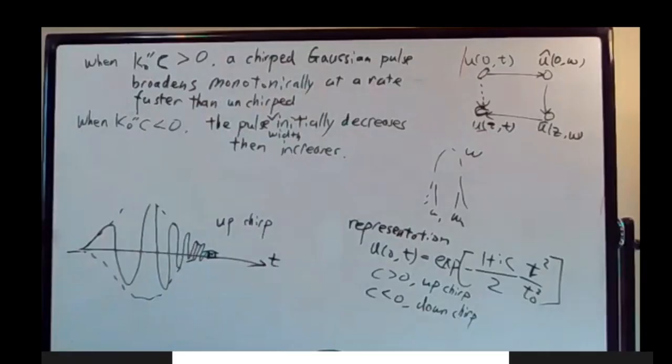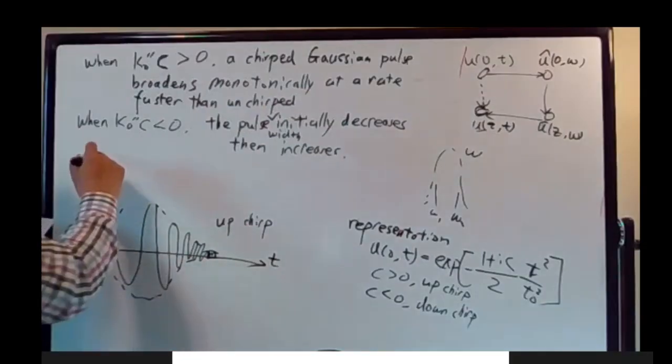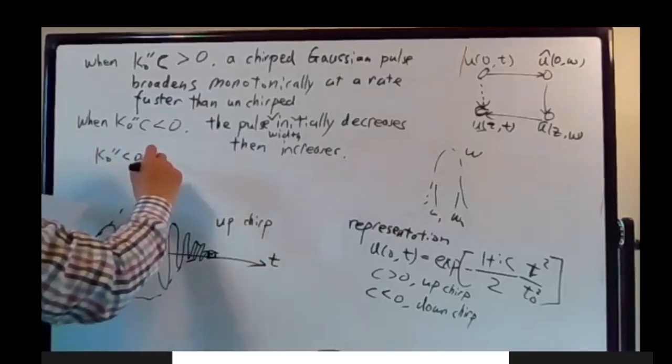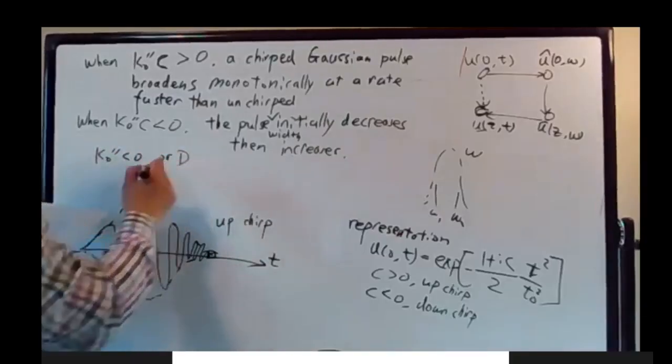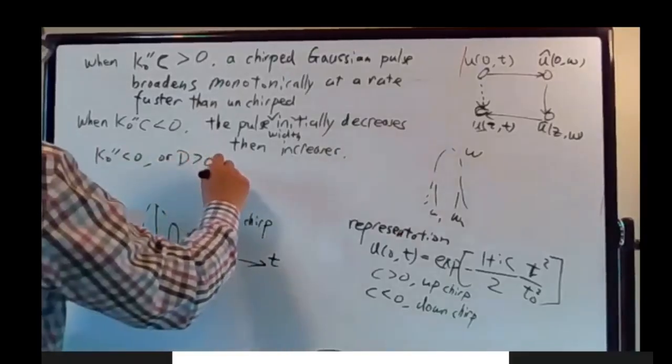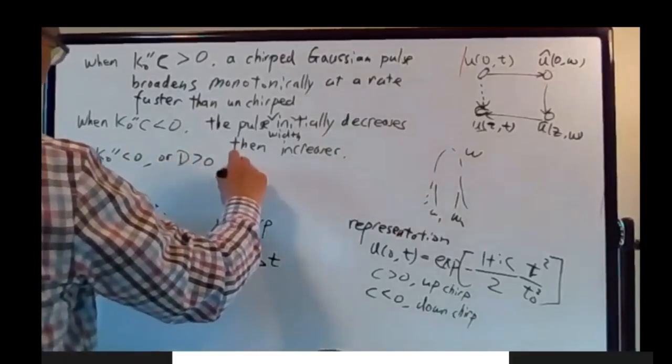There are different names. When k0 double prime is less than 0, or D is greater than 0, it is called anomalous dispersion.